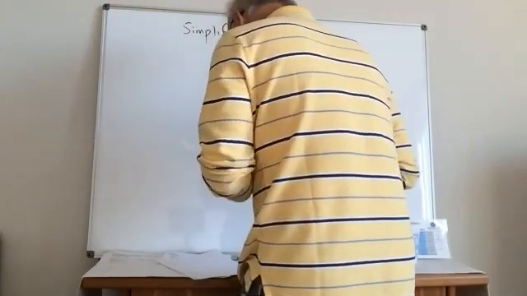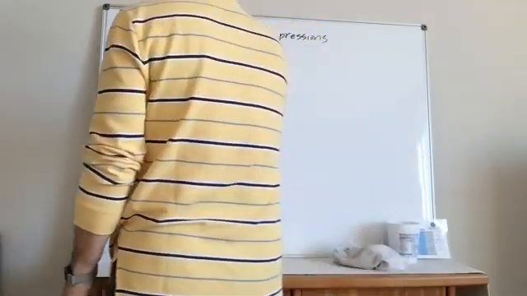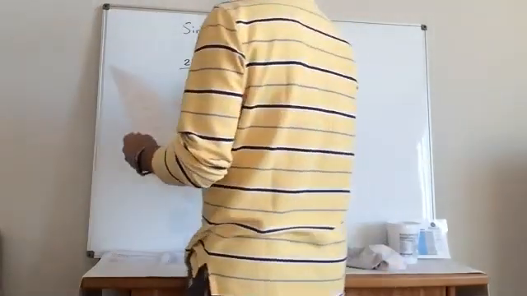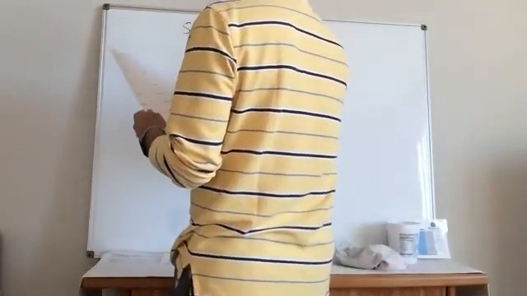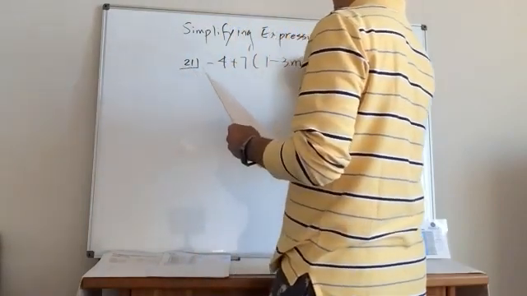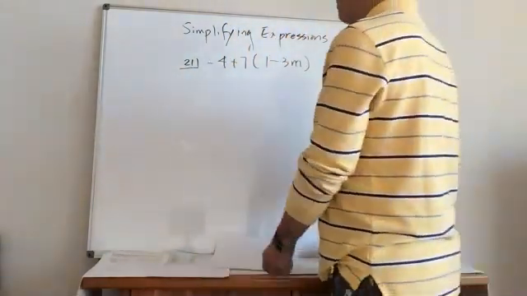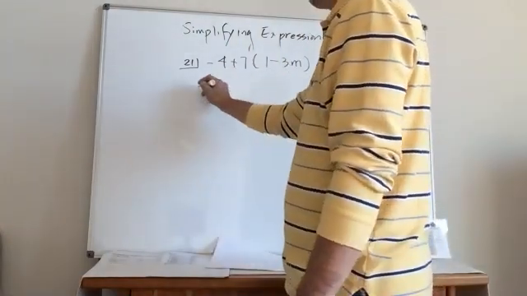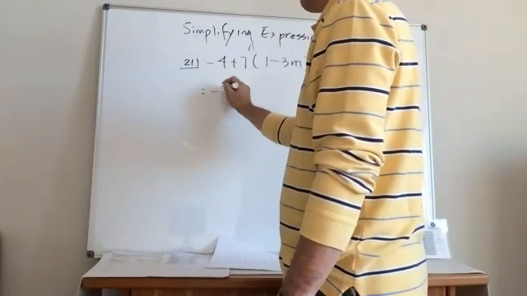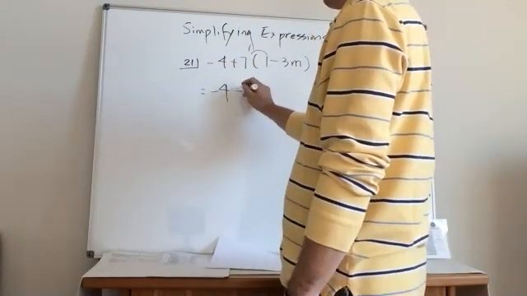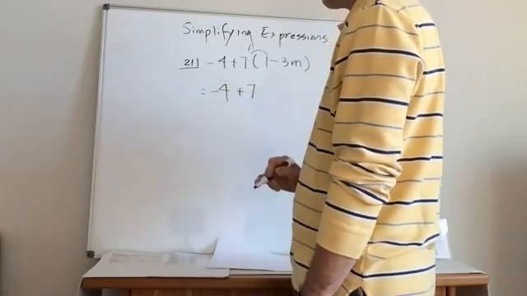Okay, let's go to number 21. Number 21, -4 plus 7 times 1 minus 3m. Now in this one, we have the parentheses, so we have to do the parentheses out first. So I'm going to get -4 stays the same. Now I'm going to do this guy out. I'm going to get 7 times 1, which is 7.